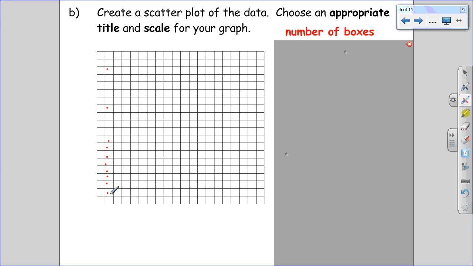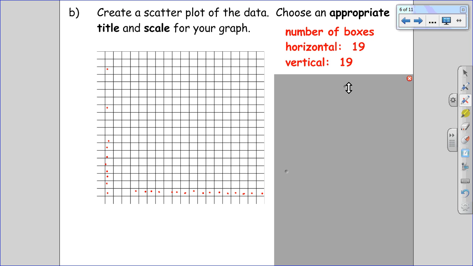So there's 19 boxes I'm going to use, and the same 19 the other way. I think I said horizontal and vertical the wrong way. I apologize. There's 19 boxes along my horizontal axis, or x-axis, or independent axis, and 19 boxes along my vertical, or dependent, or y-axis.